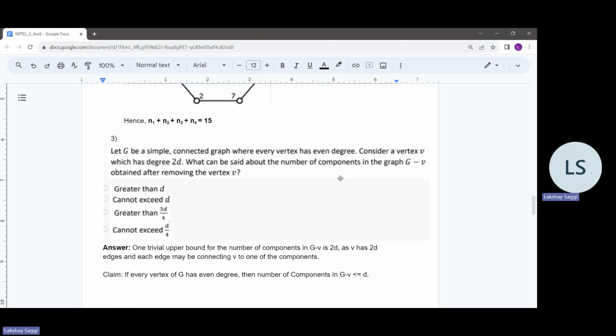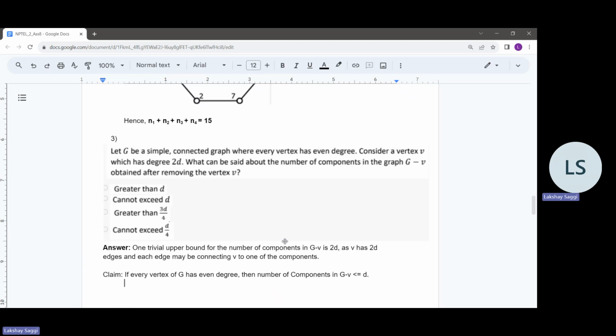Earlier I was saying that these 2D edges can be connected to 2D different components. But now what we'll show is if every vertex has even degree, then at least two edges must be connected to each of the components.